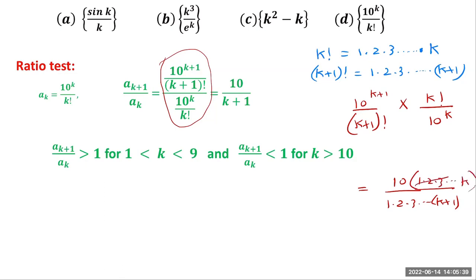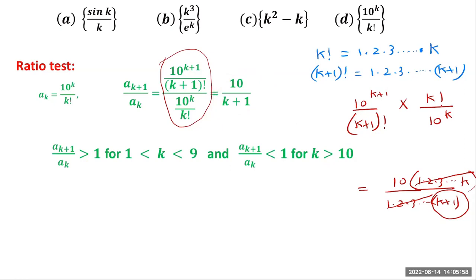So the first k terms will be cancelled. The remaining thing is k plus 1, which will remain in the bottom. So it will give you 10 over k plus 1. That's how I came up with this 10 over k plus 1 by simplifying.